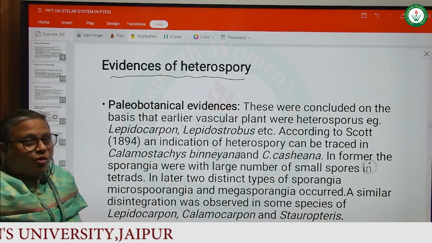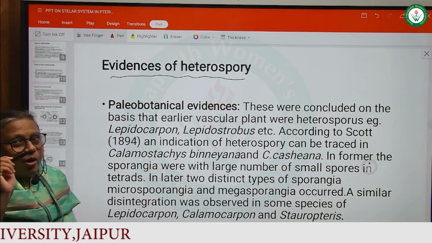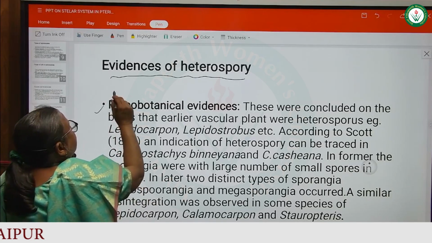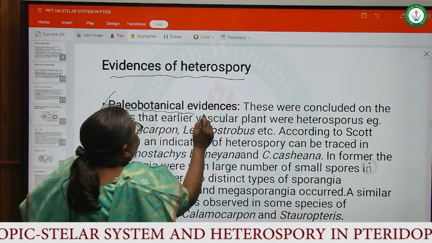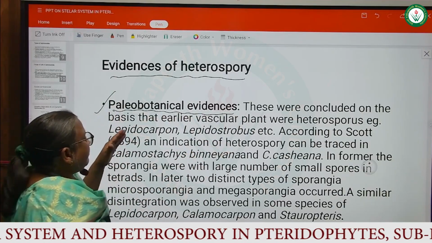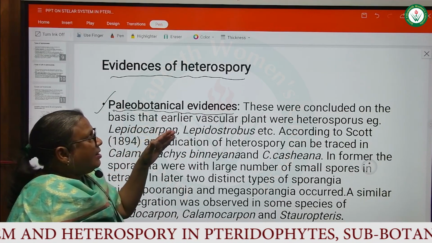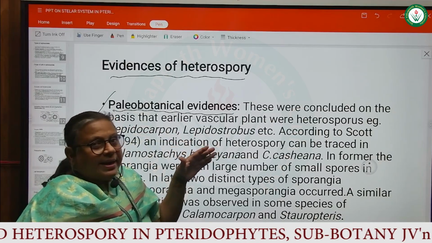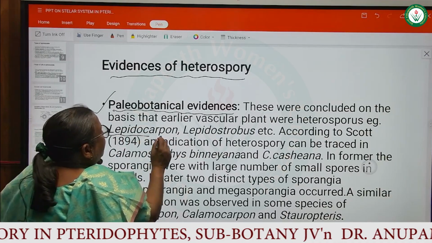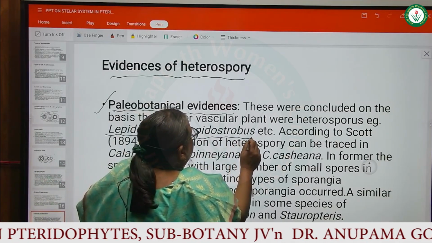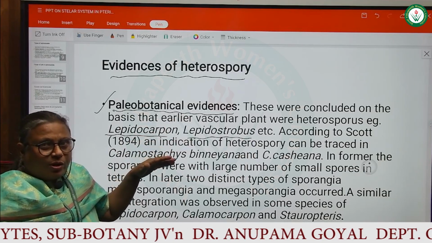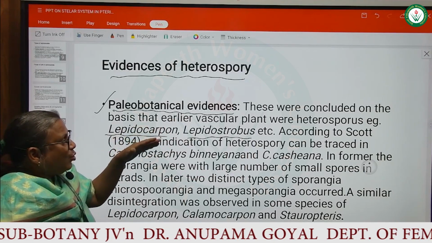So first of all, there is one important evidence for heterospory in pteridophytes, that is the paleobotanical evidence. These were concluded on the basis that earlier vascular plants were heterosporous. For example, Lepidocarpon and Lepidostrobus, they were heterosporous.